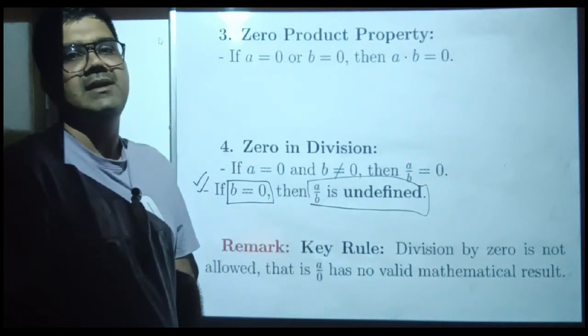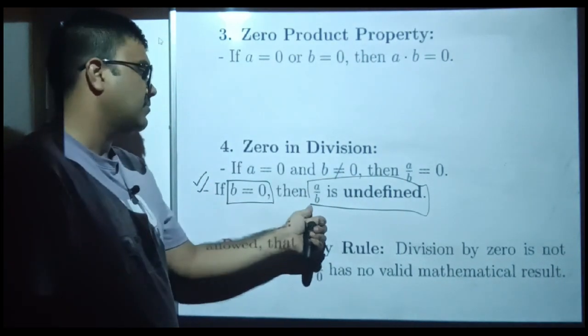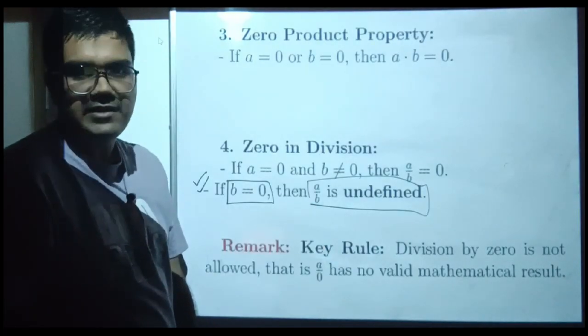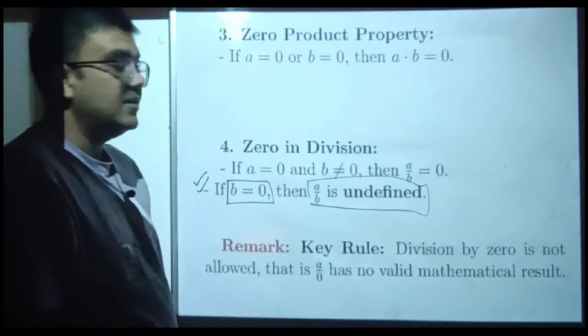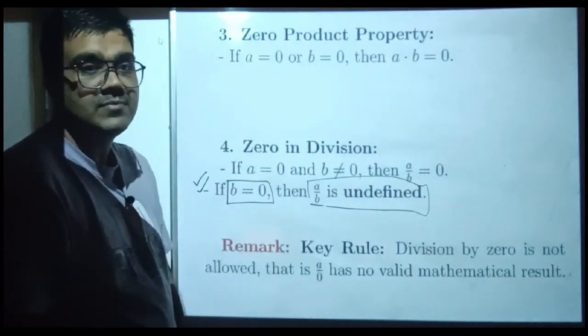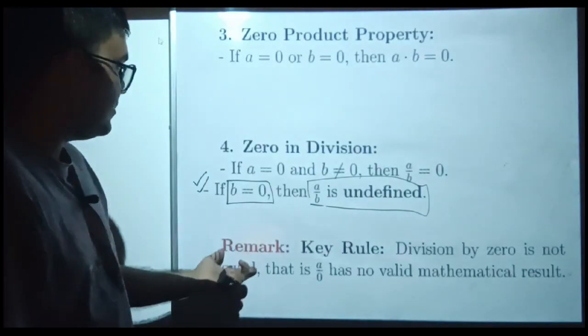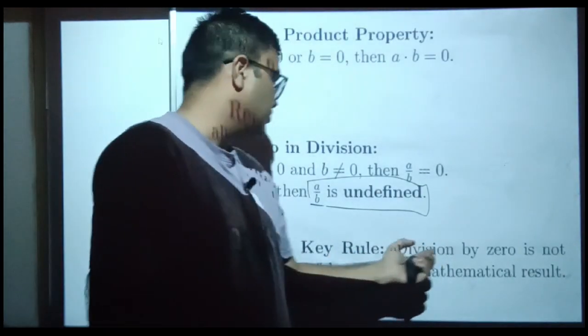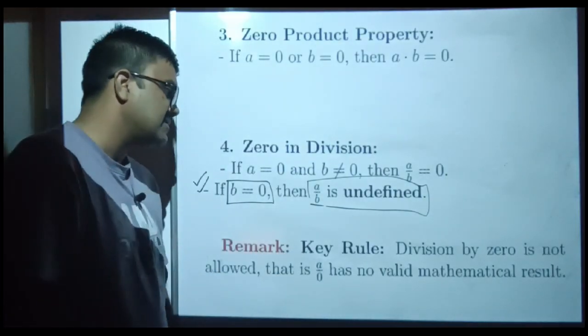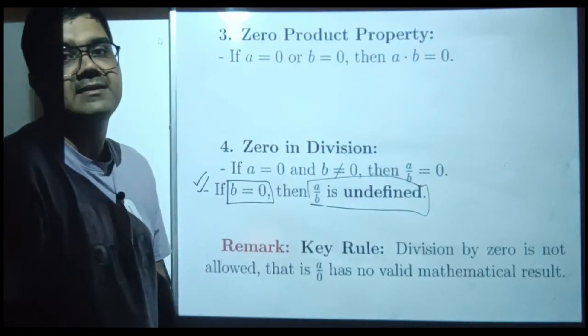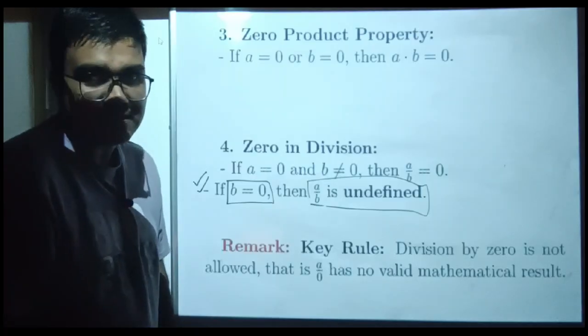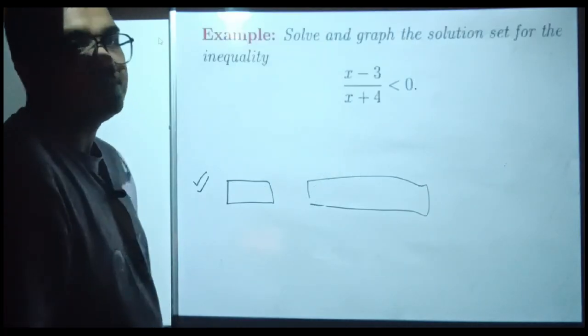A by B is undefined when B is equal to 0. Division is not defined when the denominator is 0. So the remark here is that division by 0 is not allowed. That is, A by 0 has no valid mathematical result and no valid mathematical meaning.